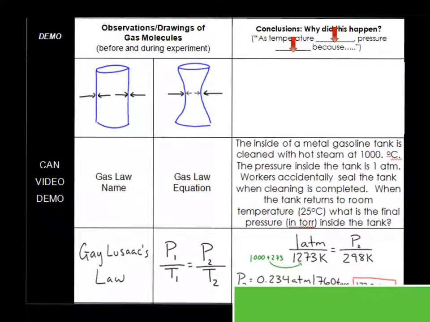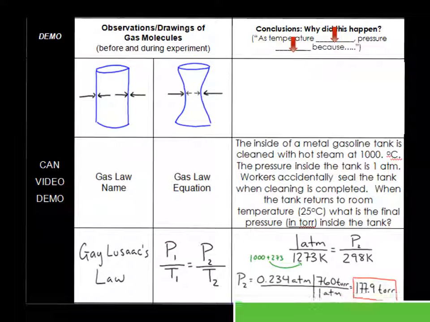The problem says, though, we want to end in torr, so we had to convert into torr. So we wrote 1 atmosphere on bottom is 760 torr, and then we multiply that out to get 177.9 torr over here for our answer. So once again, we just are doing a conversion after we're over here because we want to know what the pressure is in torr.